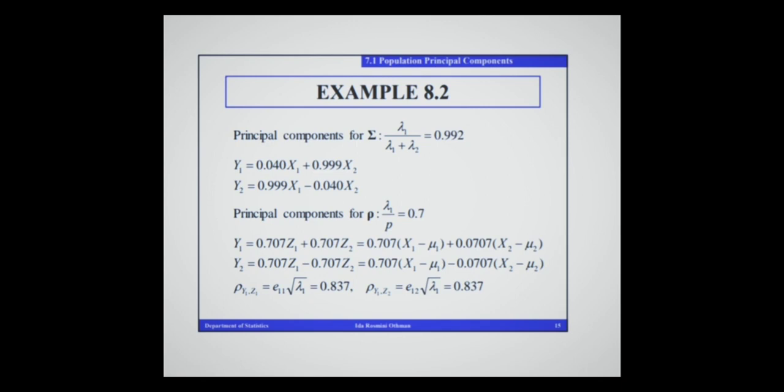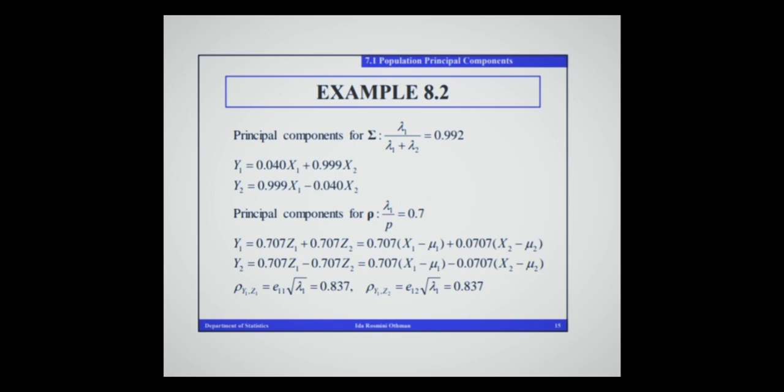One more thing I want to explain about this proportion. Before this I forgot to tell you, the proportion of the population variance is actually to determine the degree of variation in the data contributed by each of the PCs. So we want to see how much variation in the data is contributed by each of the principal components.